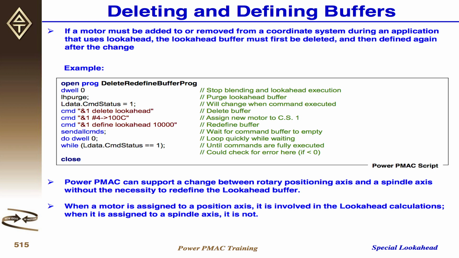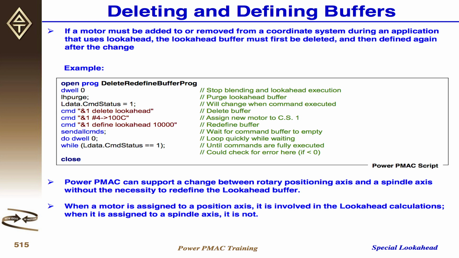Okay, what if you want to delete and define the buffer again? If you want to define a new buffer, you need to first delete that buffer and then redefine it after the change.